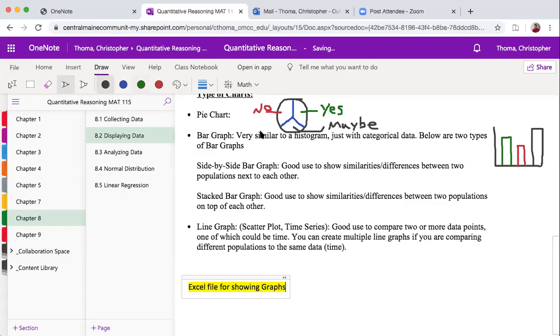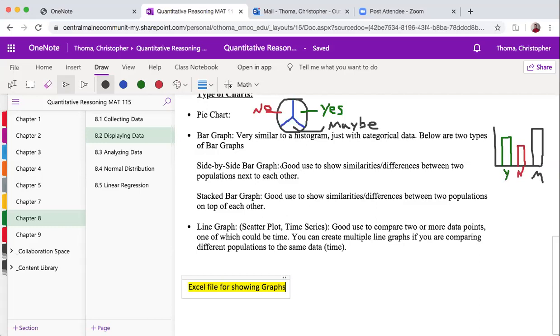Right, so this is our yes, this is our no, and here's our maybe. So you're taking your results and you're just creating a chart of categorical data.